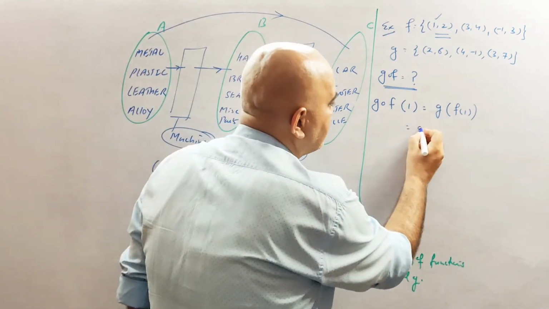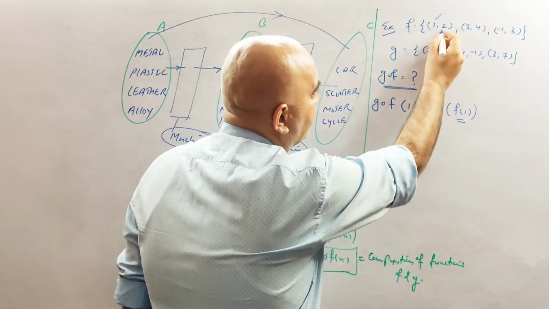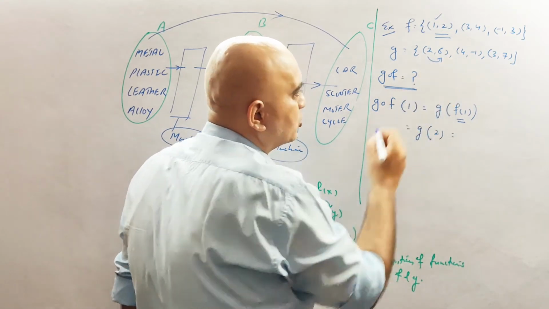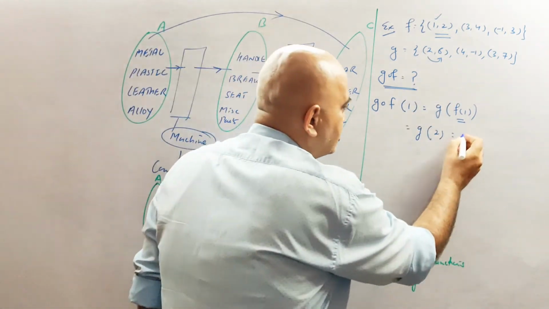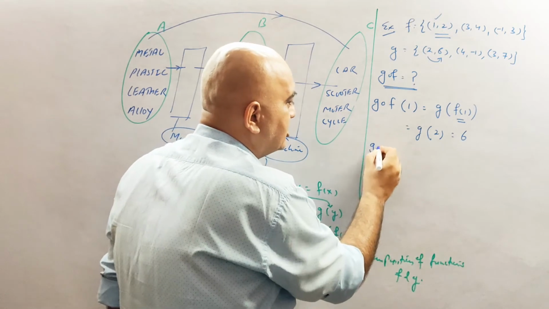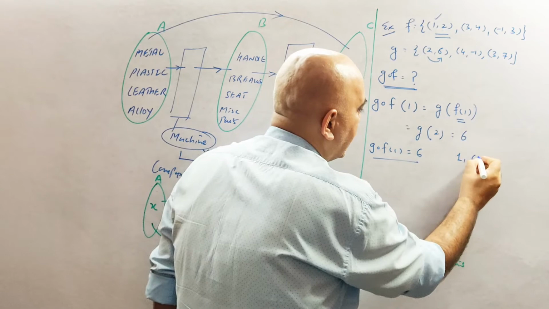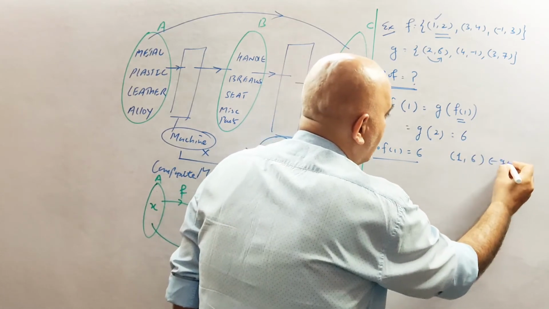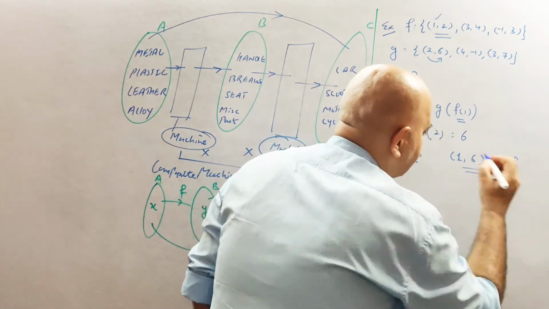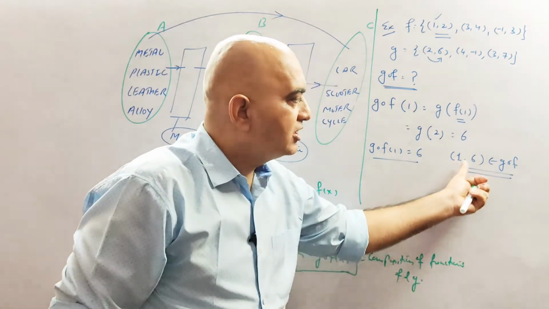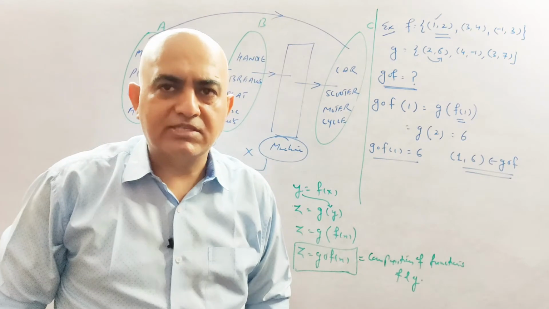It means what is the value of f of 1? We can see from here, that is 2, and g of 2 becomes 6, because 2 की इमेज क्या है, यहाँ पे 6 है, so g of 2 becomes 6, यानी कि g of f of 1 is 6, means 1 is input and 6 is output, which belongs to our set g of f. Means g of f मैपिंग में जो 1 की इमेज होगी वो क्या होगी, हमारी 6 इमेज होगी.